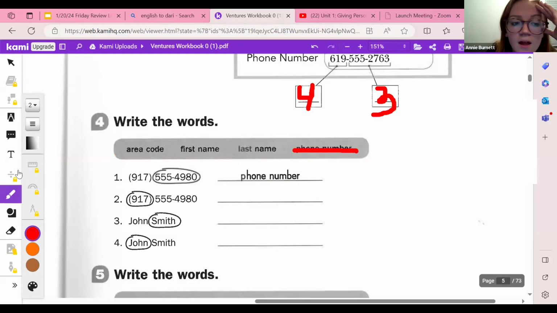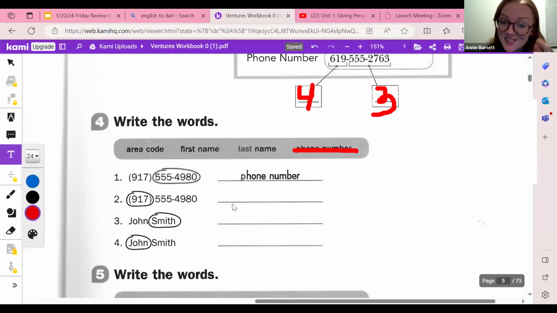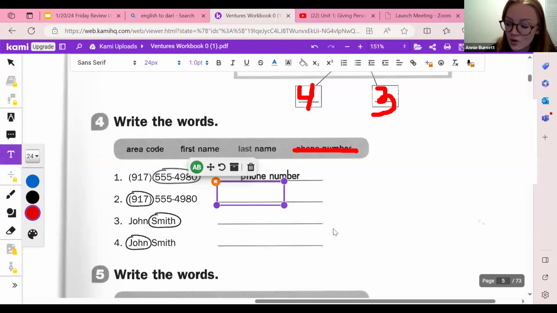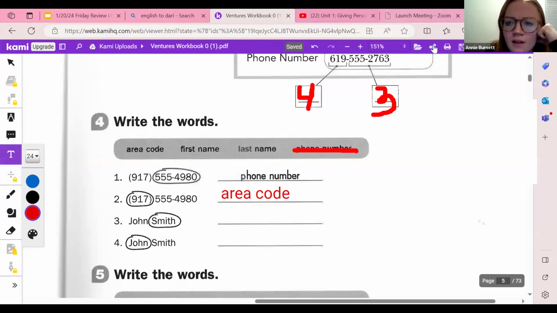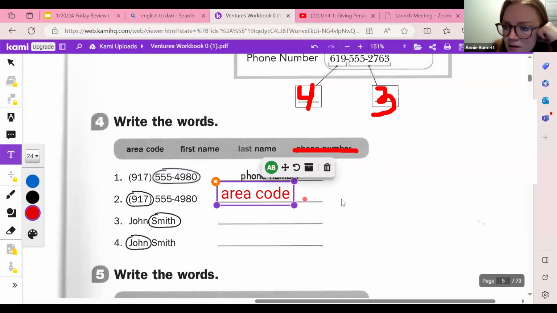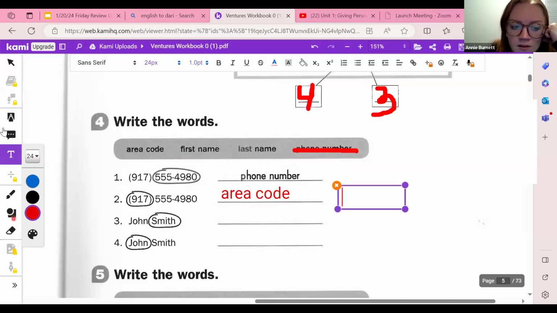Finish. Number 2, oh, number 2 is an area code. So you write area code. I look here to see spelling, and I write it here. Okay?